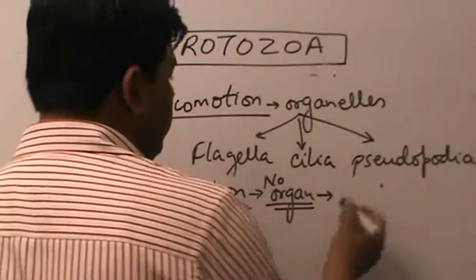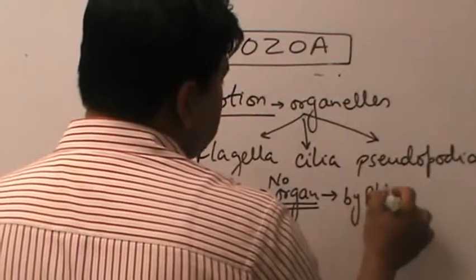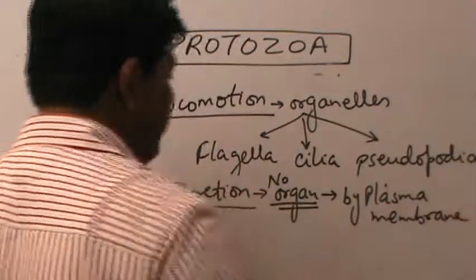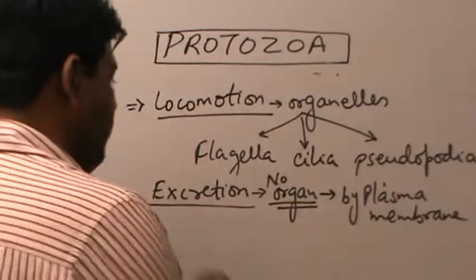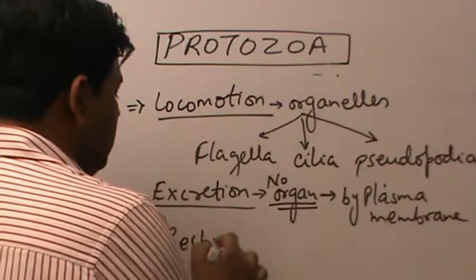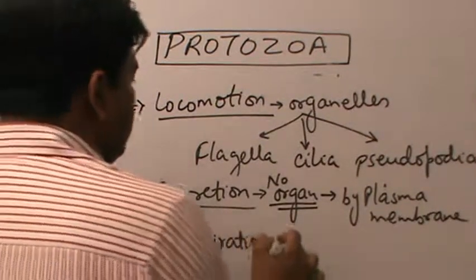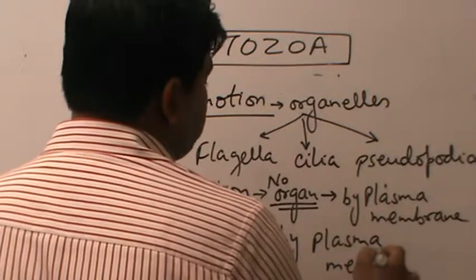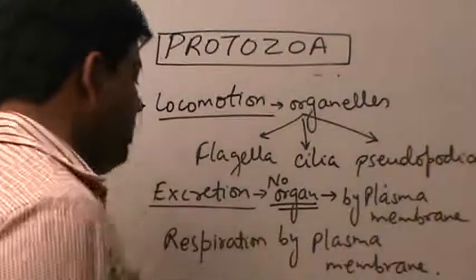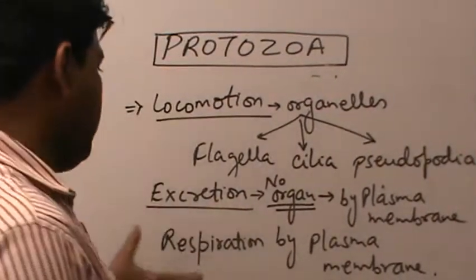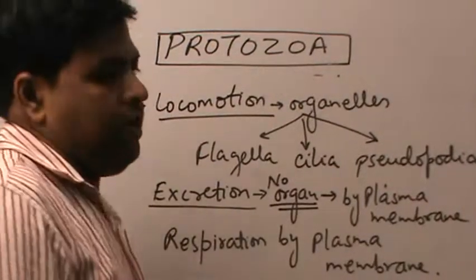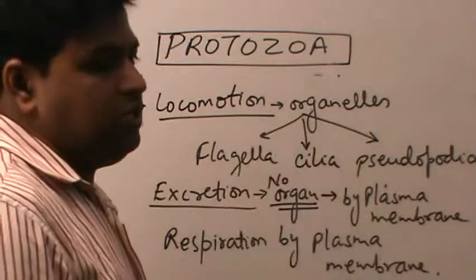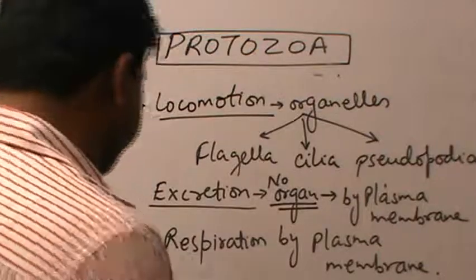So excretion takes place by the plasma membrane, and respiration is also by the plasma membrane. So locomotion, excretion, respiration, it is performing all the functions of a normal animal. That is why these are considered as animals.